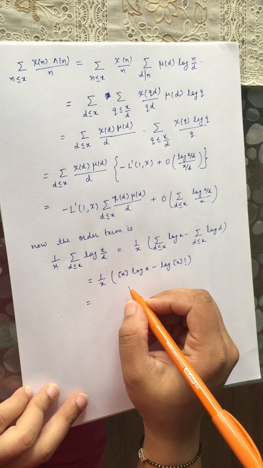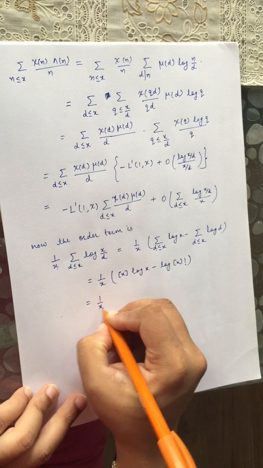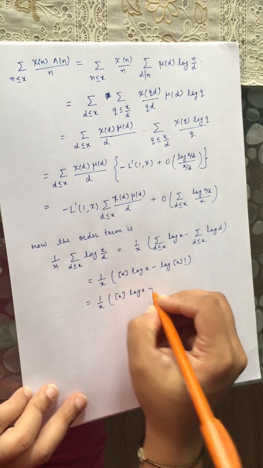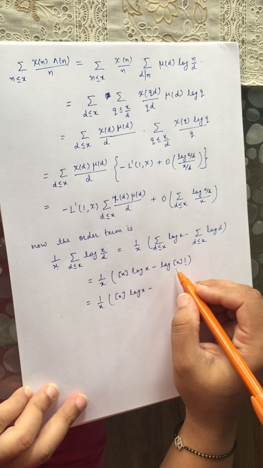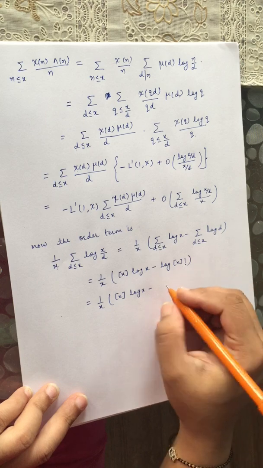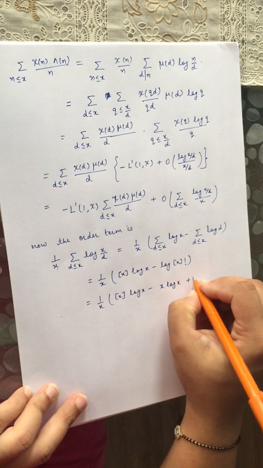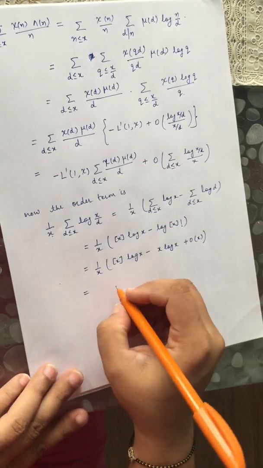So this becomes 1/x. Now we have proved in earlier chapters that log of [x] factorial is just x log x plus order of x. So put the value here.